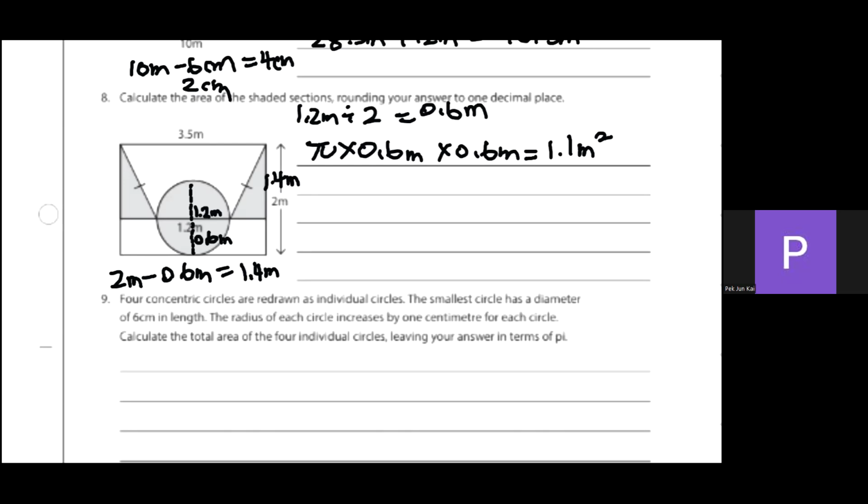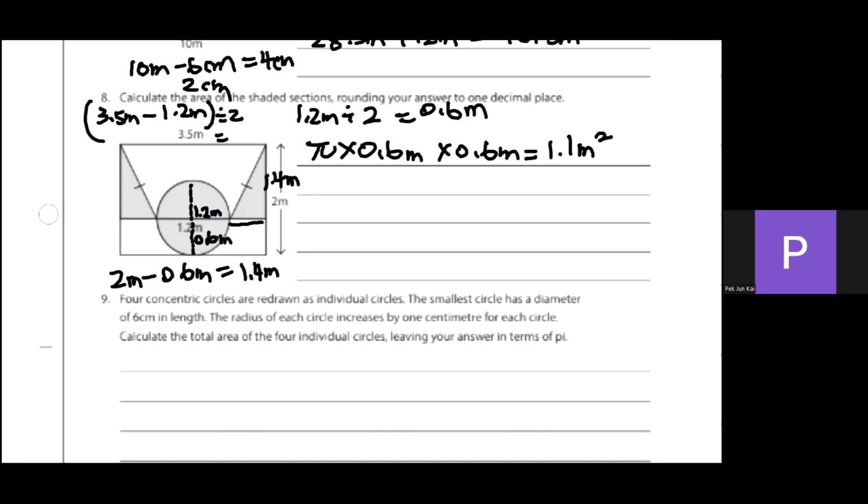We need to find the base length of the triangle. So 3.5 meters, which is the length of the rectangle, minus 1.2 meters, which is the diameter of the circle, and divided by 2 to find one part of the length of the triangle.